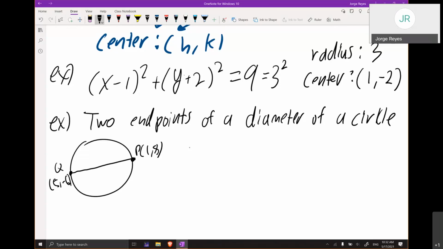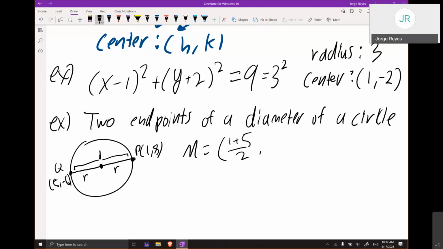If I have a diameter, then the midpoint of these two is the center, because that's how a diameter works. It's two radii stuck together.